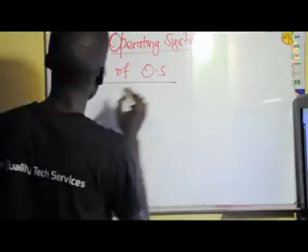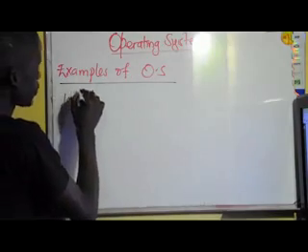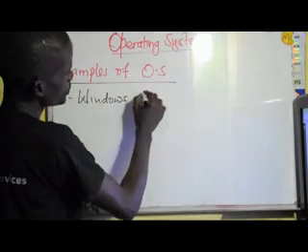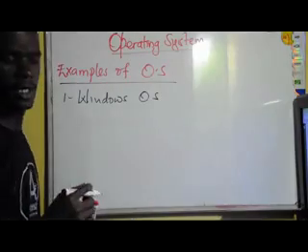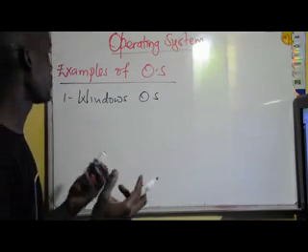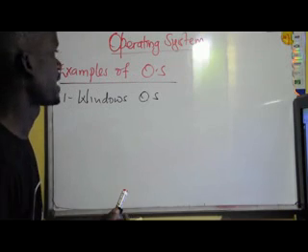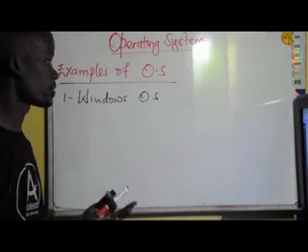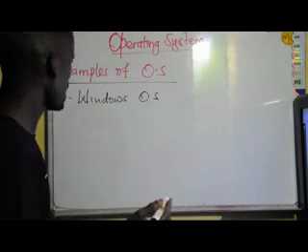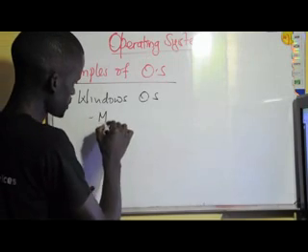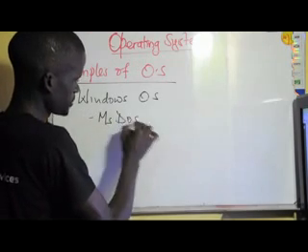One, we have the Windows OS. Windows OS has a number of operating system versions that have been produced by Microsoft ever since, among which include MS-DOS, the very first one.